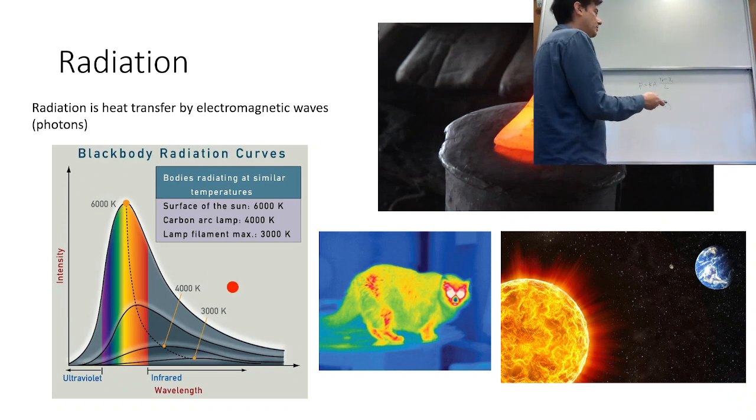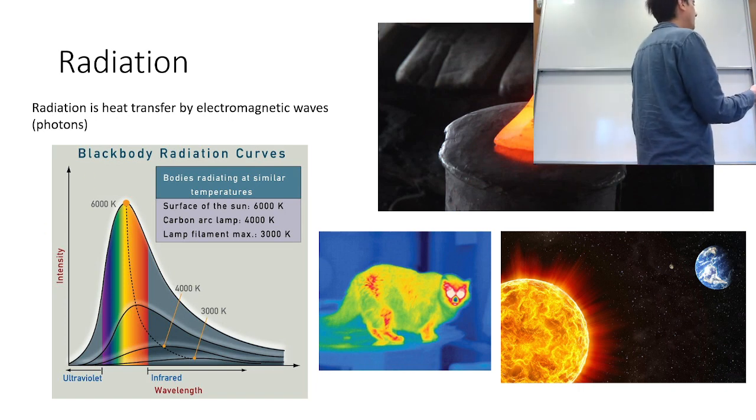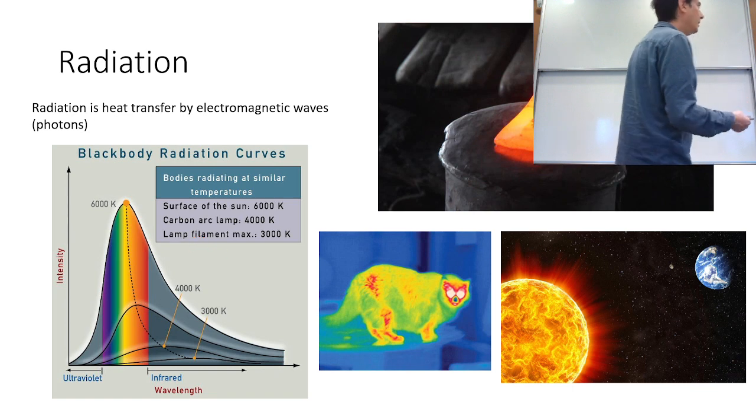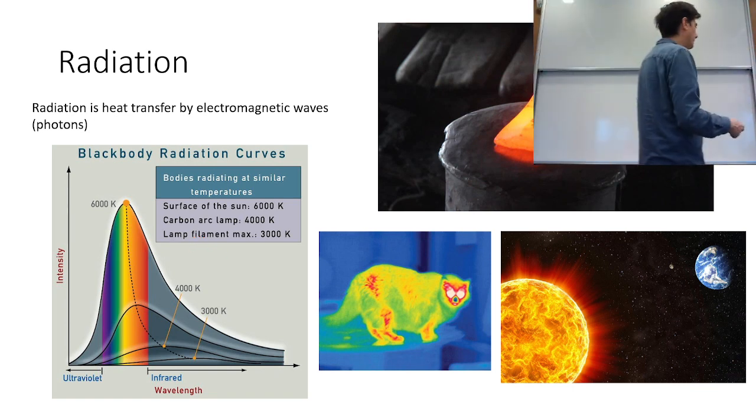But then as you make things hotter, this tends to move to the left, and that's when our eyes can start to see it. And then finally we notice, oh, it's glowing, right? When it reaches some temperature, you can start to see it. And of course, this is how the old type light bulbs work.